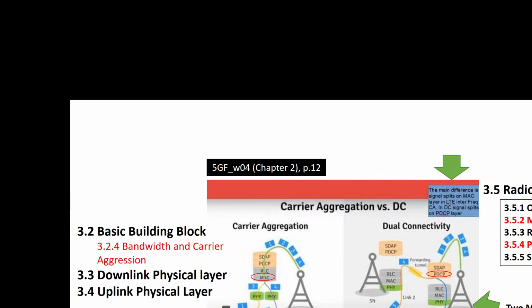Okay, but I think it depends on the signal strength, how close the devices are to the radio station. If the UE is farther away, we know the signal will be weak and the transmission speed will be slow.